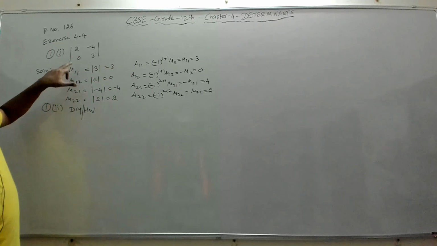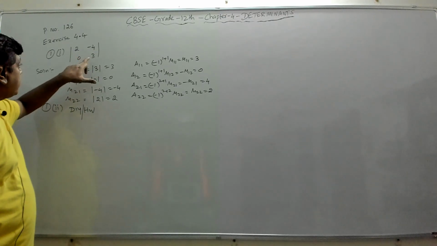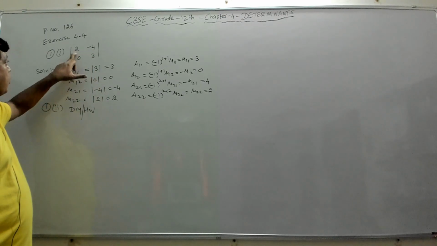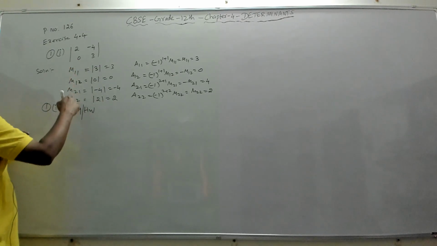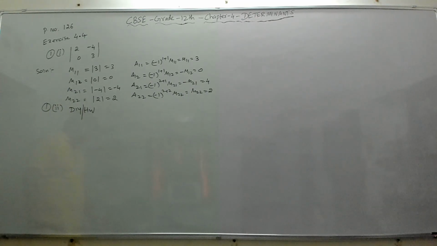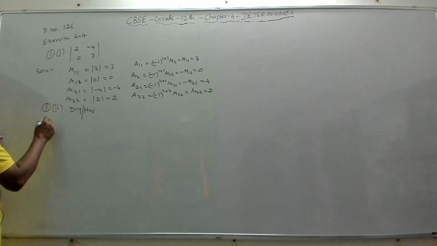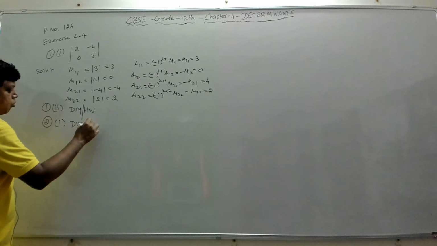M11 means the minor of the element small a11. This is A11, A12, A21, A22. So these are the corresponding minors and corresponding cofactors. Now let's do the second one. The first problem you can do yourself or as homework, whatever you want to call it.